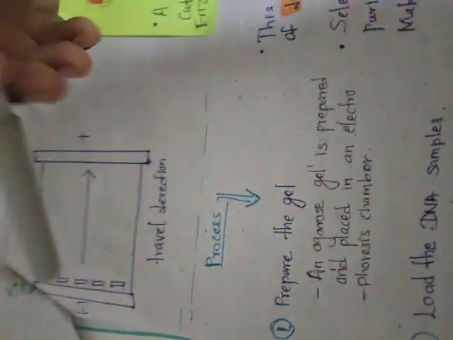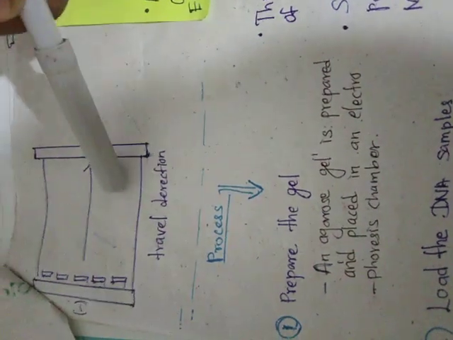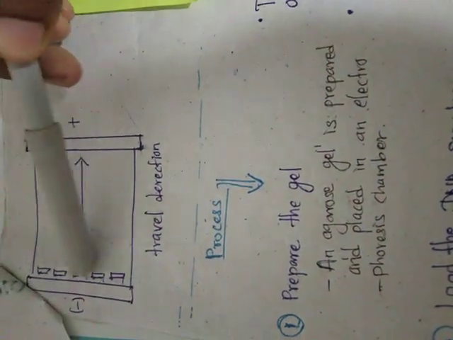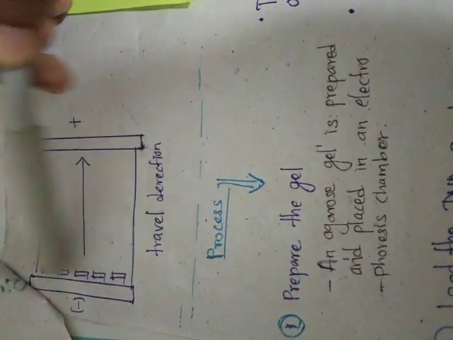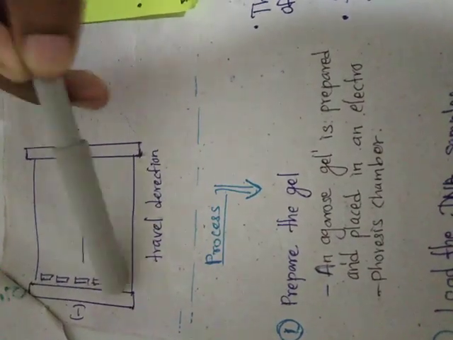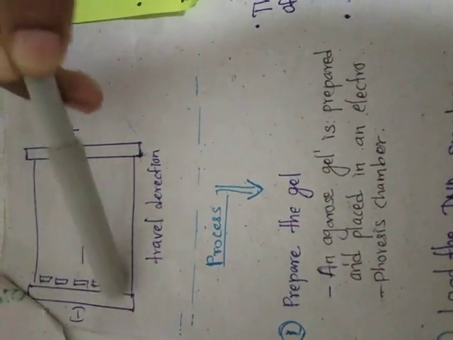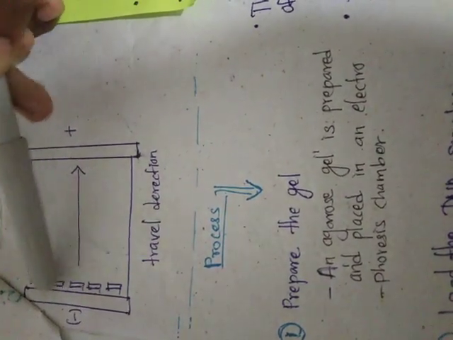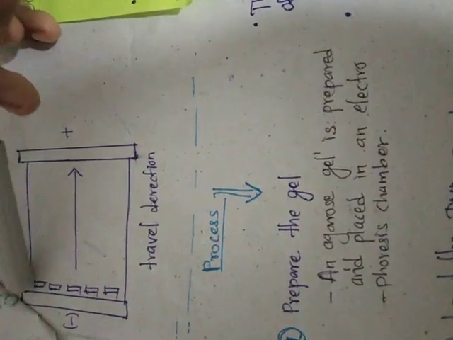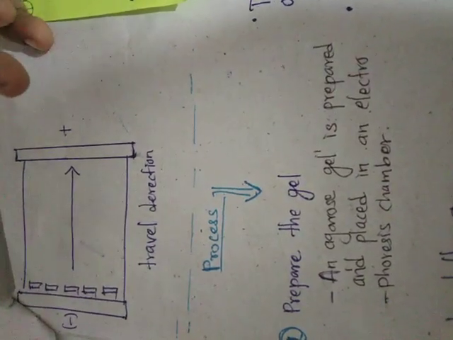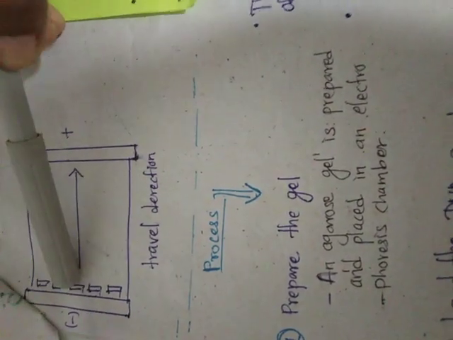So second thing, this is the gel electrophoresis machine now. This part is the wells. The DNA is loaded into these wells. The DNA loaded space is called the wells.